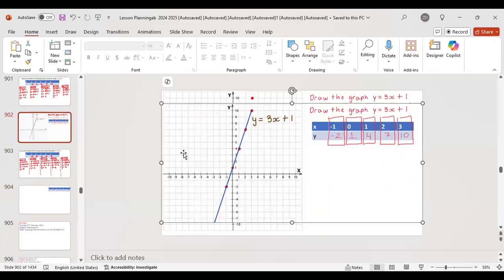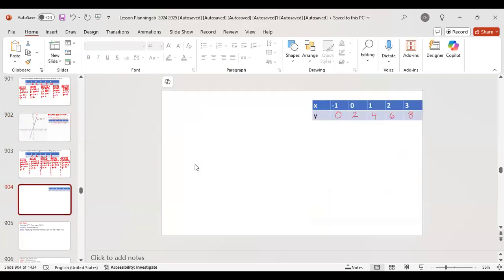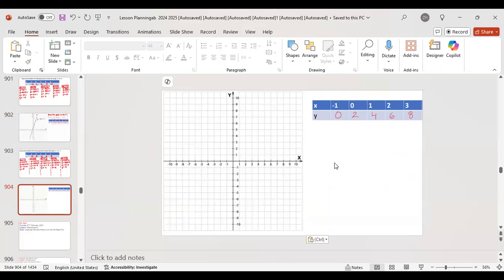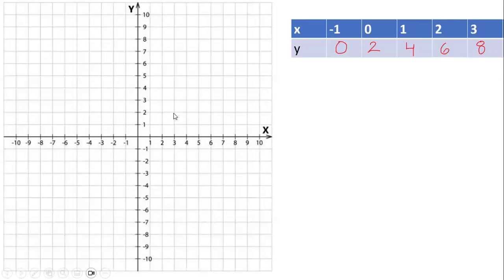That means that we could use this graph. So on the y-axis, you're going to go all the way up to +10. On the x-axis, you're going to go to 10 as well, and -10 as well.